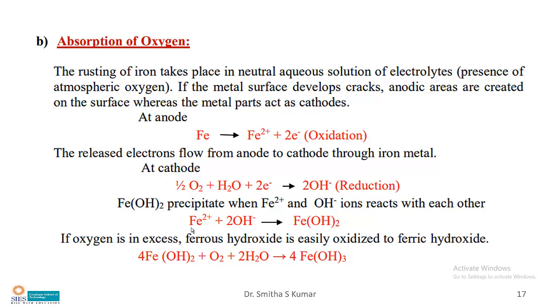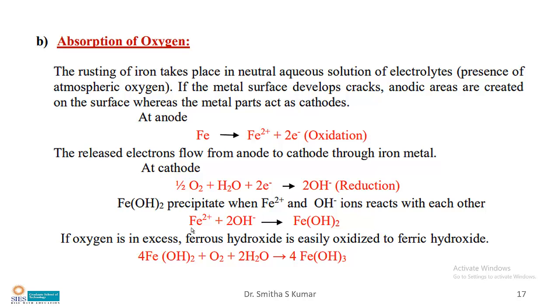The Fe2+ ions at anode and OH- ions at cathode diffuse to give precipitate of ferrous hydroxide, Fe(OH)2. If oxygen present is enough, Fe(OH)2 is oxidized to give ferric hydroxide, which is a yellow colored rust.